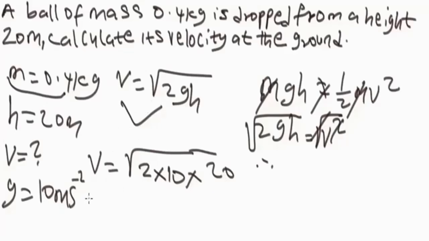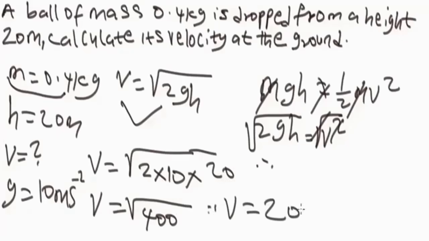Let's simplify: v will be square root of 20 times 10, which gives 200, and 200 times 2 gives 400. So square root of 400 gives 20. Therefore, our velocity will be 20 meters per second, and that is the answer to this question. Alright, so let's wipe this and go to power.